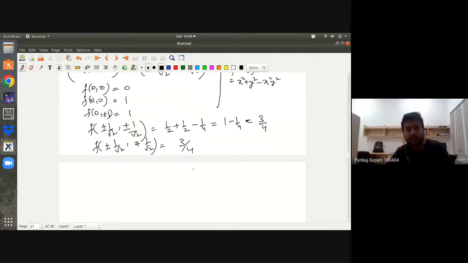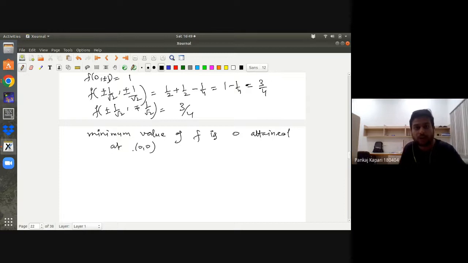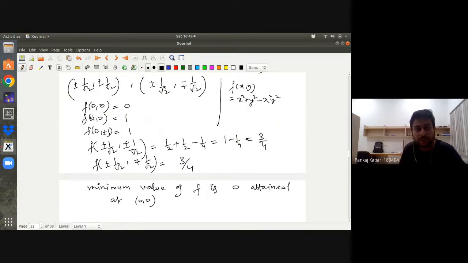So what is the minimum value of the function? The minimum value of f is 0, and that is attained at 0, comma 0. What is the maximum value of our function? It is 1.